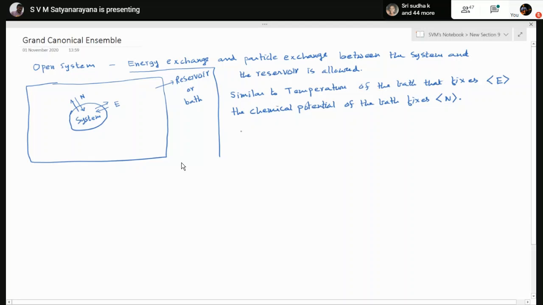So, in such cases, you can see that the macrostate of the system is defined by fixing the temperature, volume, and the chemical potential.